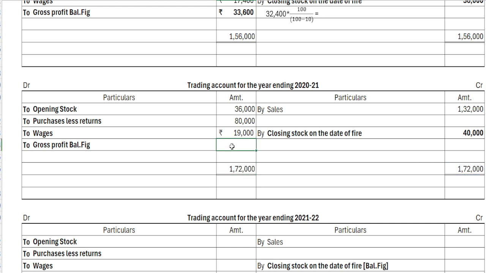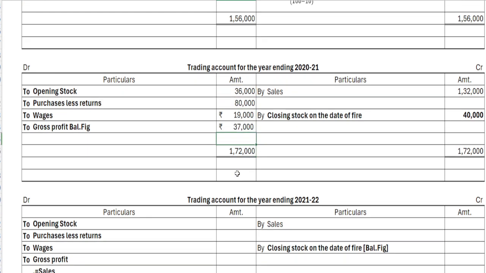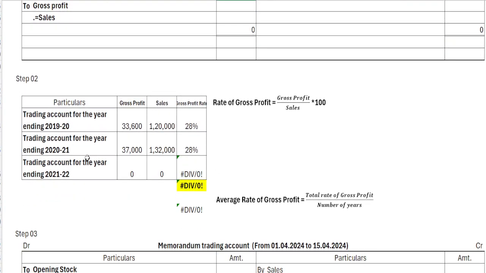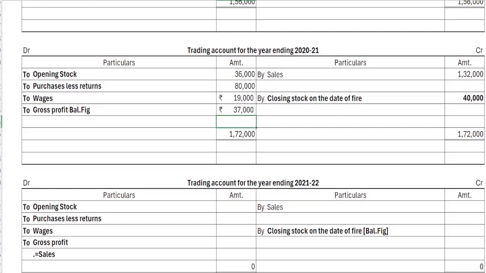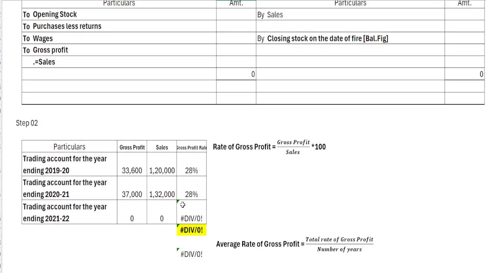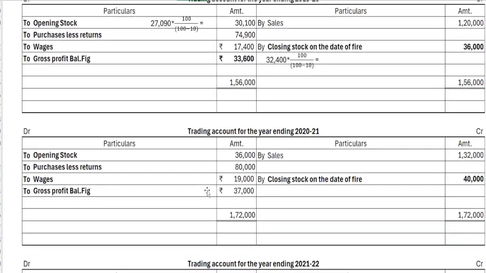Then the balancing figure will be the gross profit: 1,72,000 minus 36,000, which is opening stock plus purchases plus wages. 37,000 is the gross profit. 1,32,000 is the sales. How do we calculate the gross profit rate? Gross profit divided by sales into 100, which is 28%.